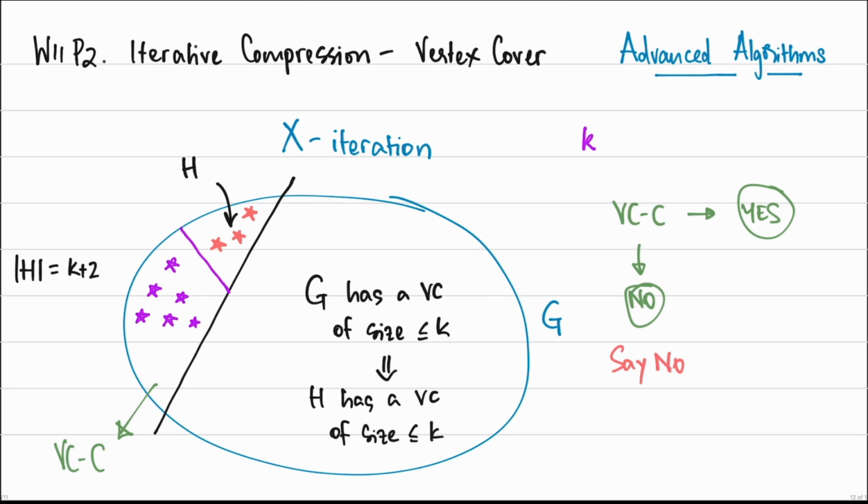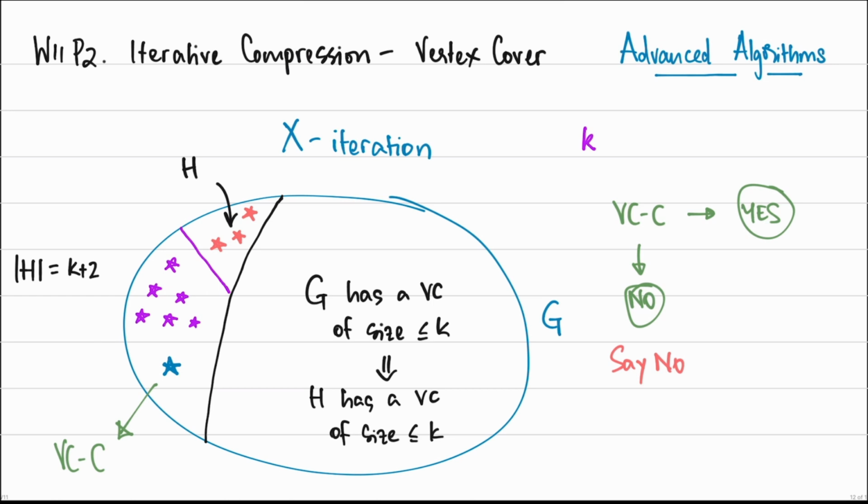But of course, we're interested in all of G, so we have to, from here, try and see if we can incorporate more from G and continue our journey. So what we're going to do is basically expand the purview of H to include one more vertex from G. So now we are upgrading H from being a k plus 2 size subset to a k plus 3 sized subset. And we're going to bring in one more vertex, and I'm going to add this vertex to the vertex cover that we got from the compression routine.